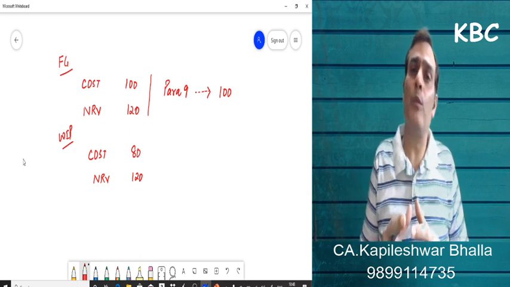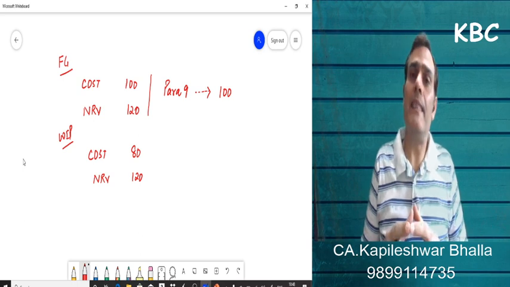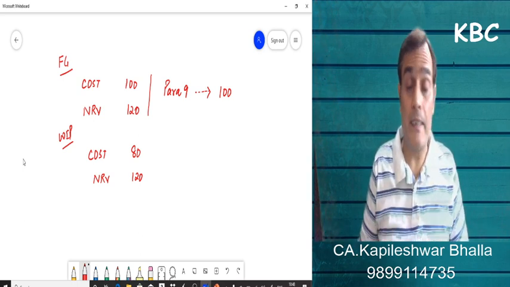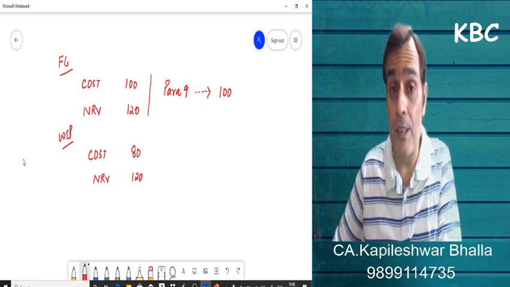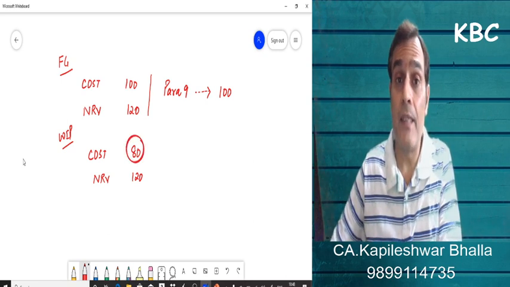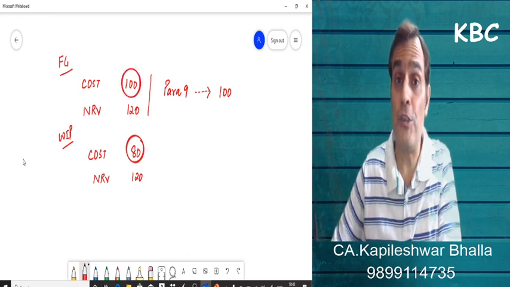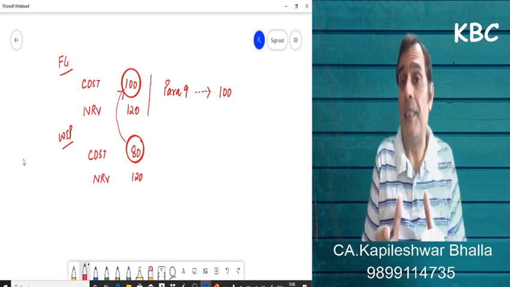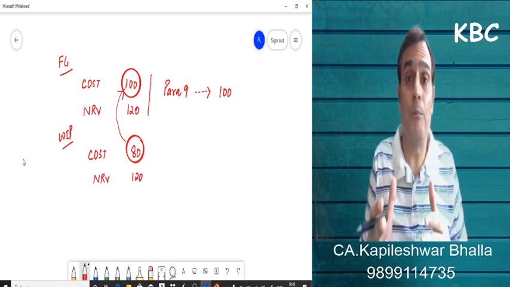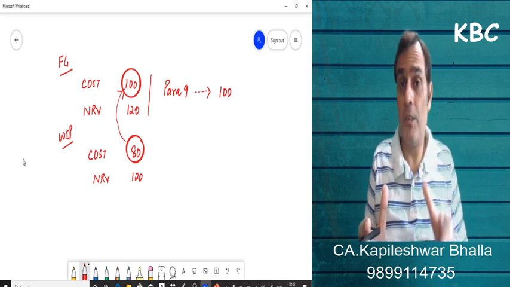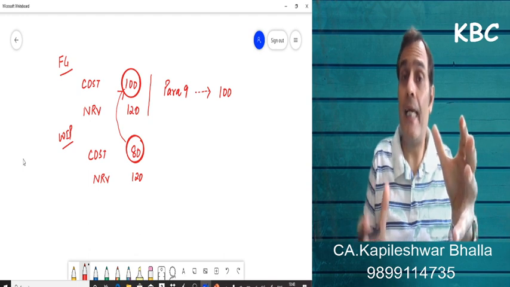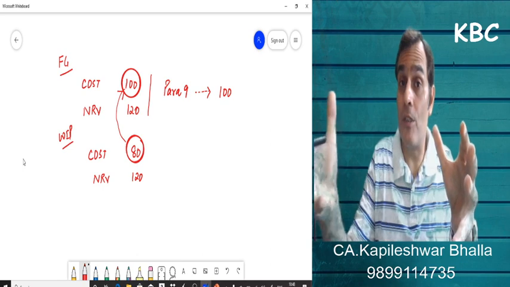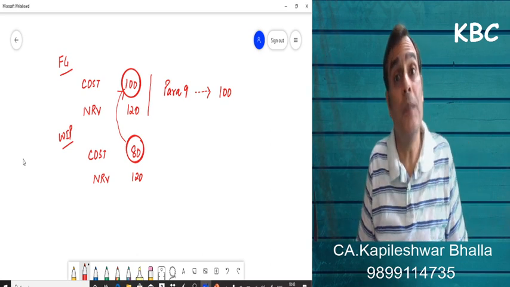But if I were to ask you what is the estimated cost of completion, I'm sure all of you can logically decide that if 80 is the cost of WIP and 100 is the cost of FG, there is going to be another 20 which is required to complete the product. Because if you've already incurred 80 and the cost of the FG is 100, the further estimated cost required is another 20 rupees.